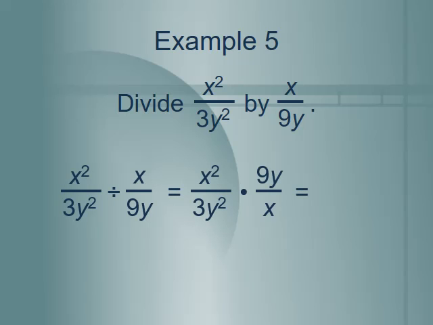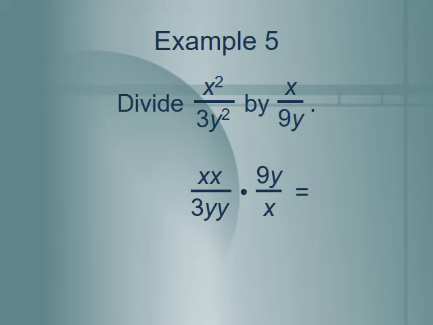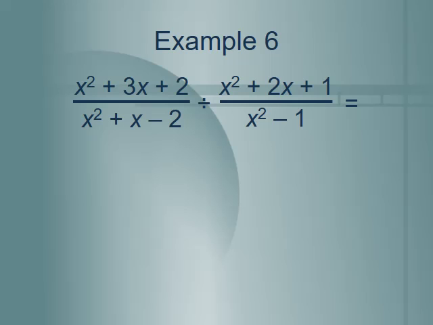And then we can go ahead and reduce like we have been and multiply across. Now notice we wrote these y squares as y times y instead of y squared, just because it's easier to see how many can actually reduce. So now we're left with a 3 and 1x on the top and a y on the bottom.